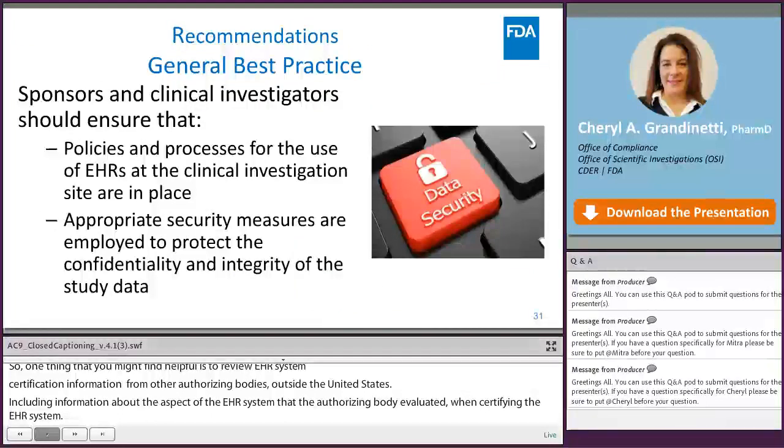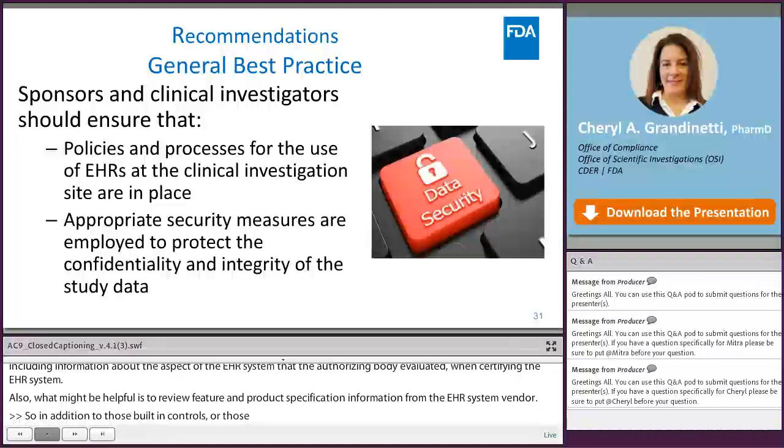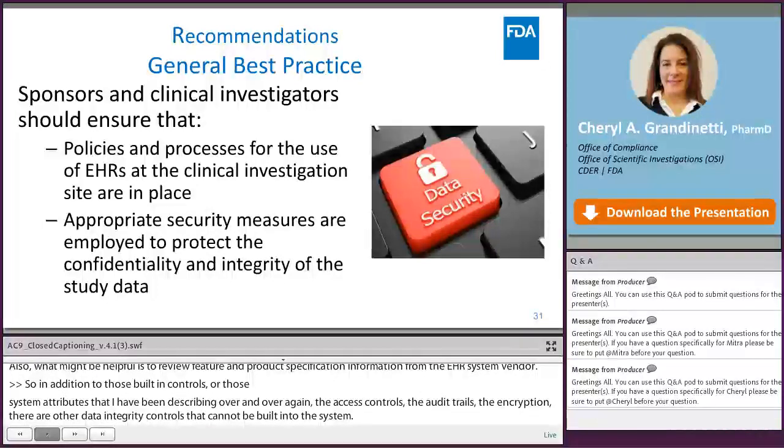So in addition to those built-in controls or those system attributes that I've been describing over and over again, the access controls, the audit trails, the encryption, there are other data integrity controls that can't be built into the system. These recommendations that I'm going to go through now apply to both certified and non-certified EHR systems.